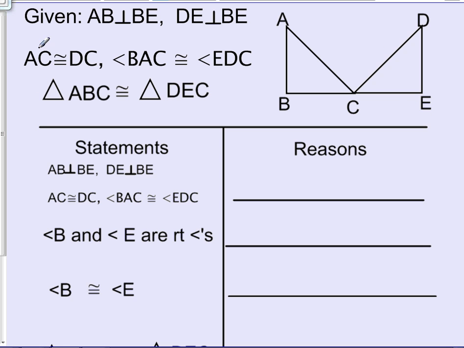Okay, we also have that AC is congruent to DC, and then we have that angle BAC is congruent to angle EDC. All right, and we're trying to prove that these two triangles right here are congruent to each other. So the first two reasons on here we can say are our givens.